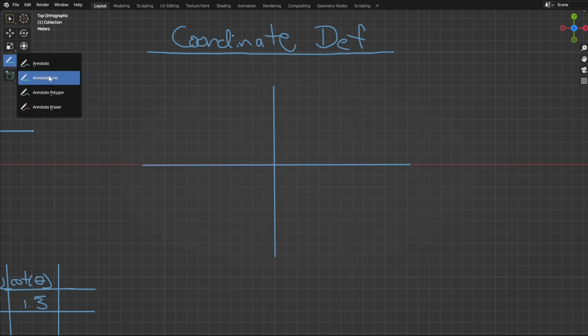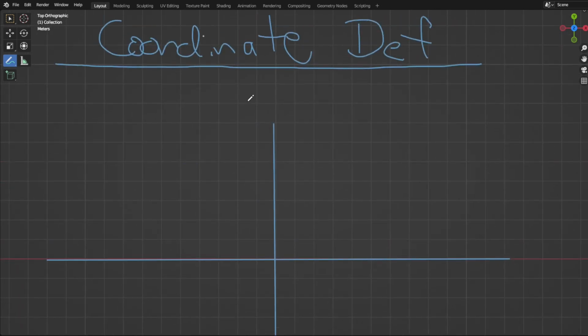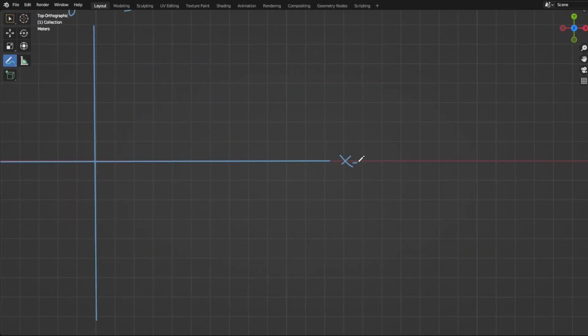So let's create sort of a y-axis, and then the x-axis. And then let's say we'll create our same triangle with the 4 here, and then we'll go up to 3.